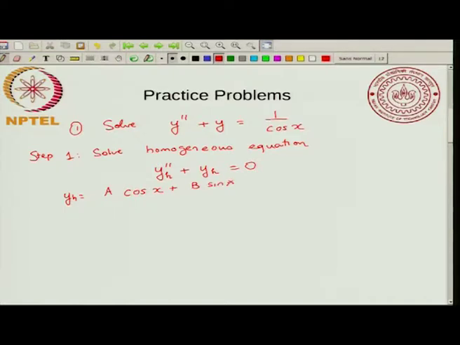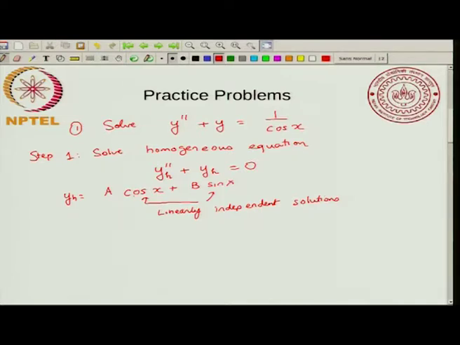If you take cos x, the second derivative will just give me the function back with a negative sign, so if I add it, I will get 0. Similarly, if you take sin x, the second derivative will again give you the function back. So cos x and sin x are two linearly independent solutions.